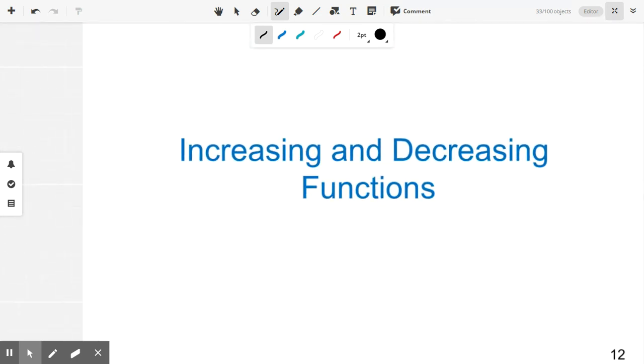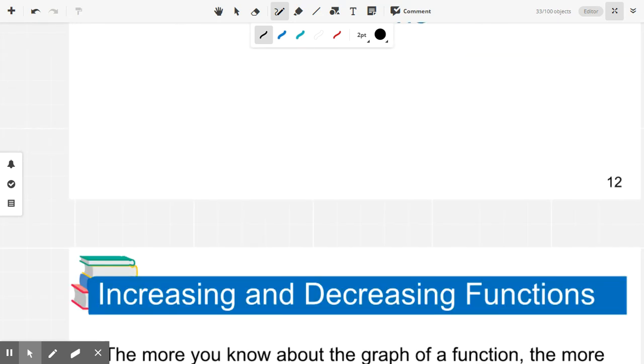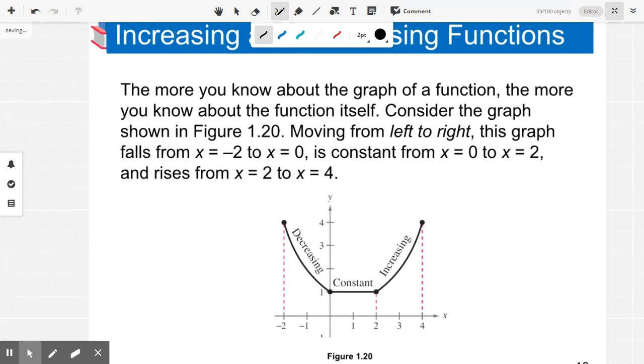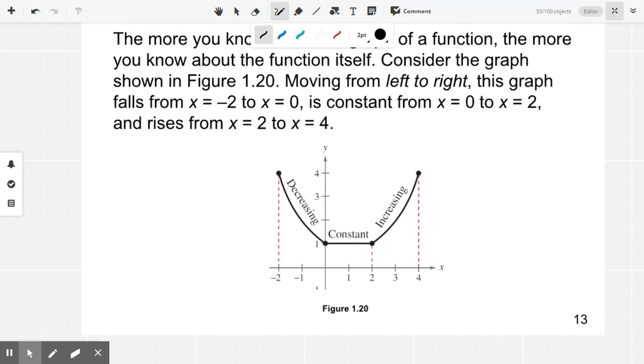All right, so now increasing and decreasing functions. All right, all this is we're taking a graph and we're going to put in interval form the sections of the graph that are increasing as x gets larger and or decreasing as x gets larger. So all that is if we have this graph right here. All right, it's always as x is increasing.